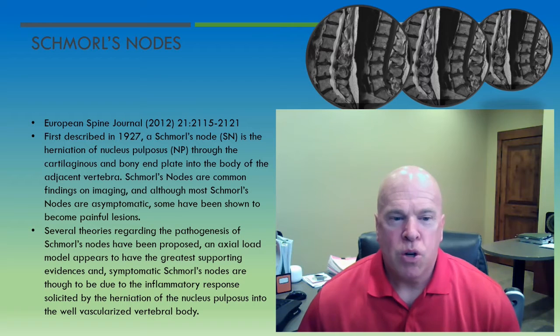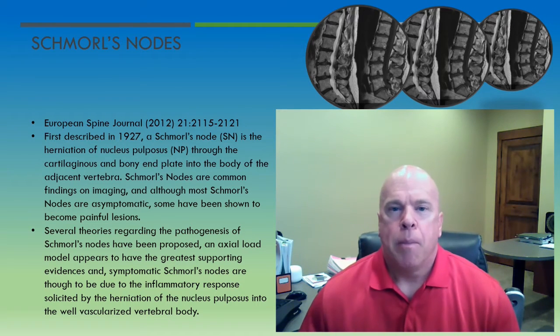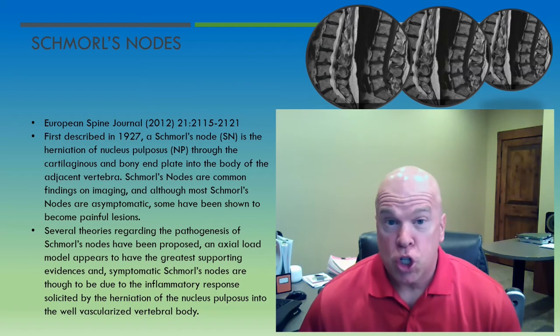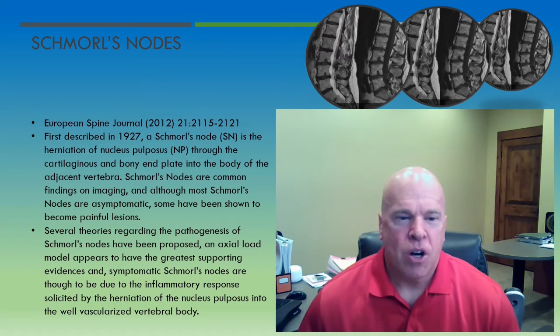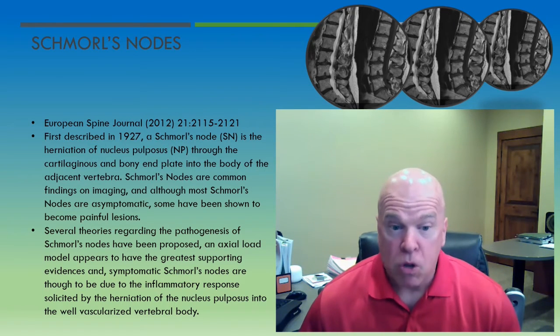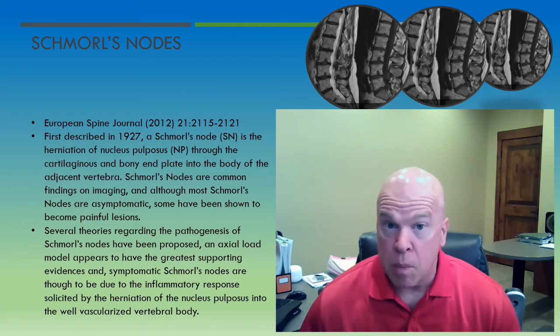Schmorl's nodes were first described in 1927 by pathologist Christian George Schmorl. A Schmorl's node is a herniation of the nucleus pulposus through the cartilaginous and bony end plate into the body of the adjacent vertebra.